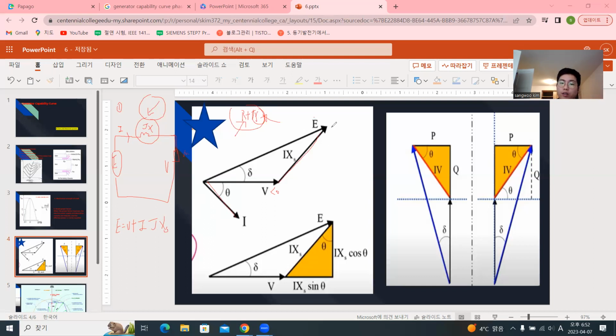Look at it here. If we add a triangle here, you can see this angle is 90 degrees, here is theta, and theta is the same here and here. So we say IXs cosine is P, and here IXs sine is Q. So now we have P and Q.